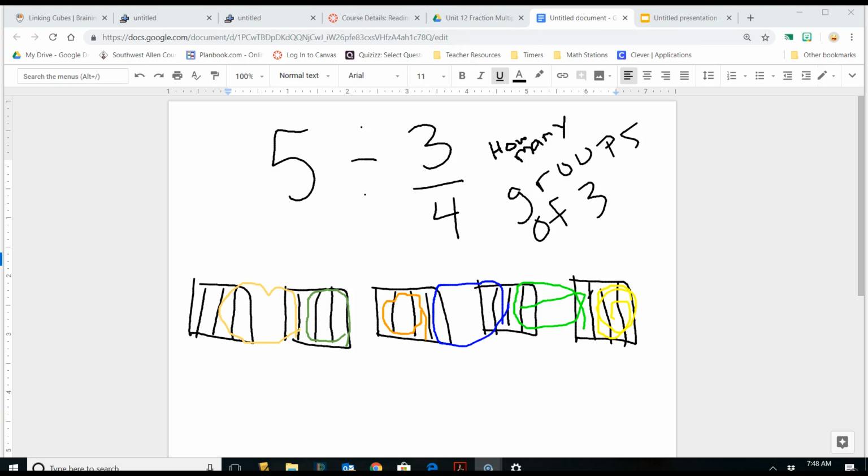Now, how many do I have left over? I have 6 groups of 3 with 2 of my 3 left over. So 5 divided by 3/4 is 6 2/3.